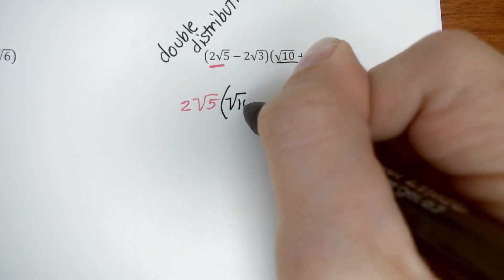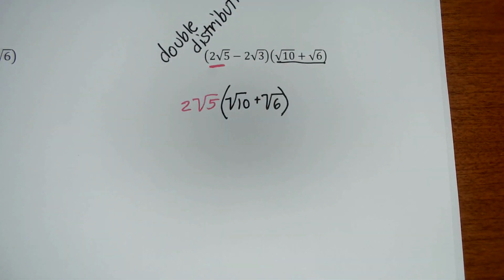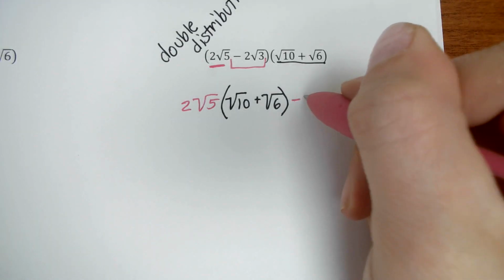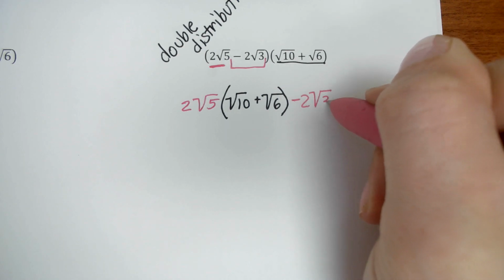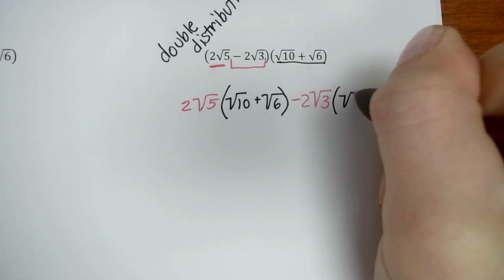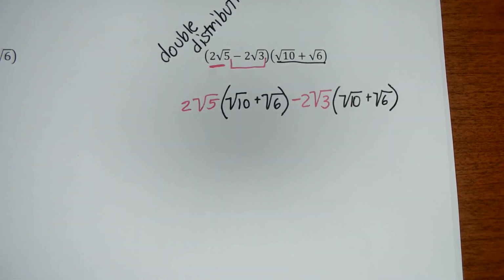So the square root of 10 plus the square root of 6. Then we take our second term, minus 2 square root 3, and we're going to multiply that by the square root of 10 plus the square root of 6.